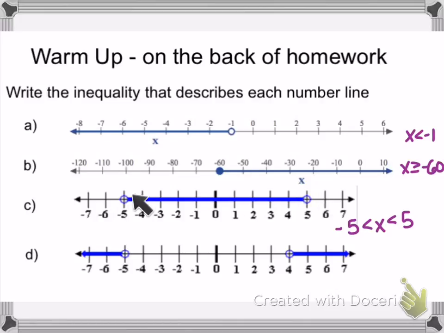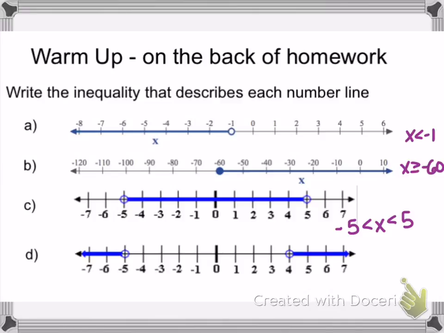So when you have one shaded area, you need one inequality to describe it, just like all of these first three. The difference, though, is that here on letter D, you've got two shaded areas. And what that means is I'm going to write an inequality for the left half, and I'm going to write an inequality for the right half. I need two different inequalities for my two shaded areas.